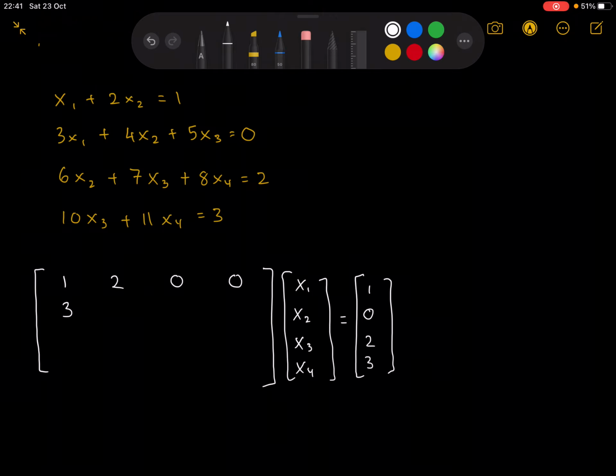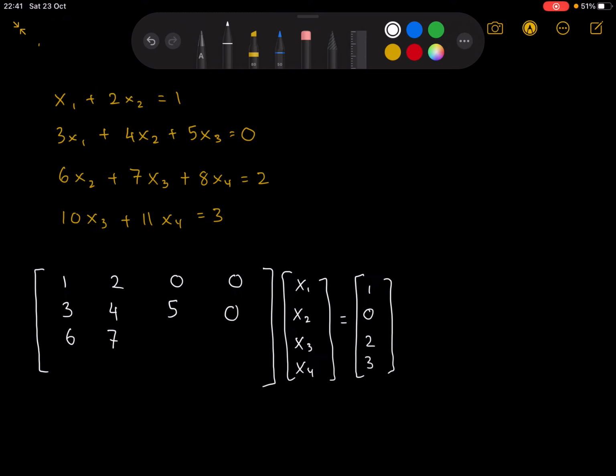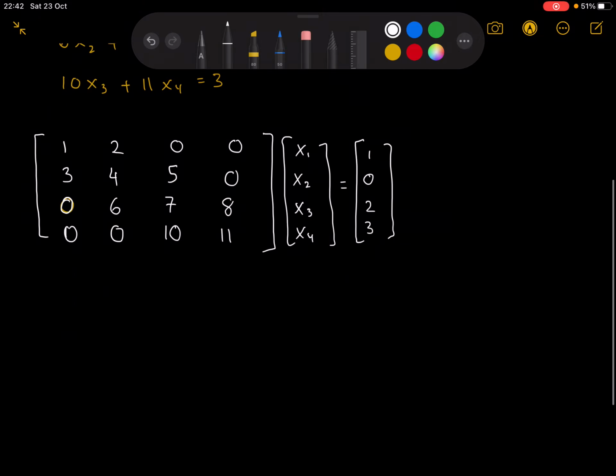Then we've got 3x1, 4x2, 5x3 and 0x4, then 0x1, 6x2, 7x3 and 8x4, and 0x1, 0x2, 10x3 and 11x4.